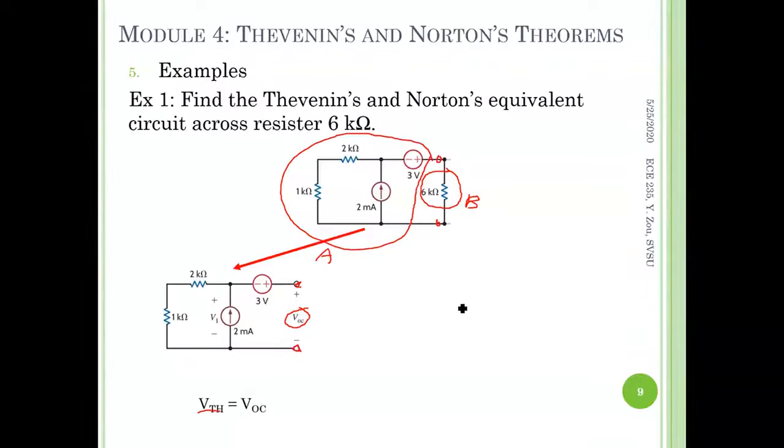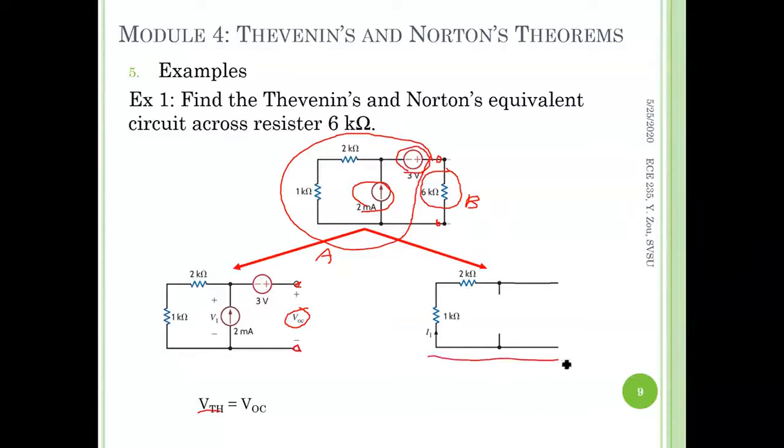So we go back to here, and then we zero all of the independent sources according to page 7. By zeroing all the independent sources, what I mean is open the independent current source and short the independent voltage source. This is the resultant circuit.